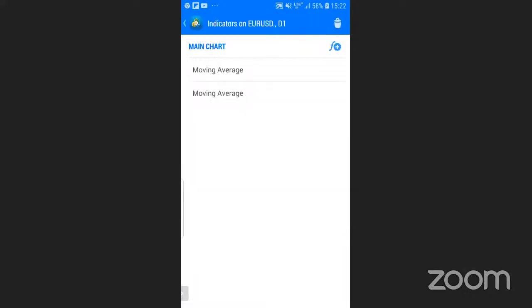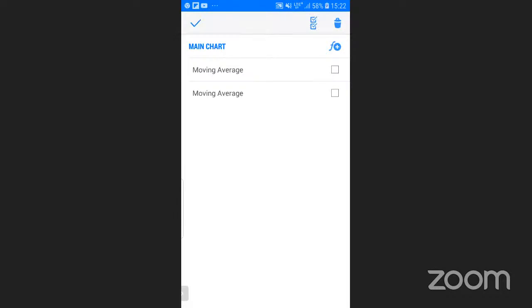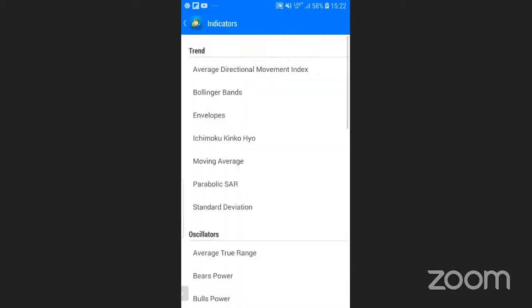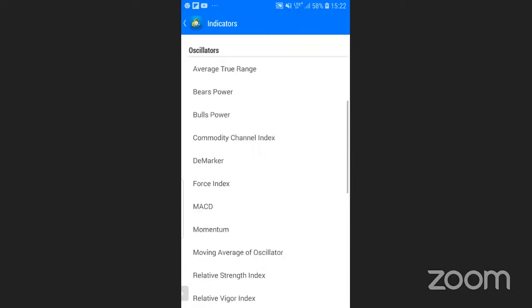This is where you can get all indicators. Now, let me delete the one I already have. Let me click on this delete sign. I want to delete this and this, the ones I already have in my chart. I click here, that off. I've deleted them. So if I go back to that F, I click on it. You can see all the indicators, oscillators. We'll be learning about moving average.